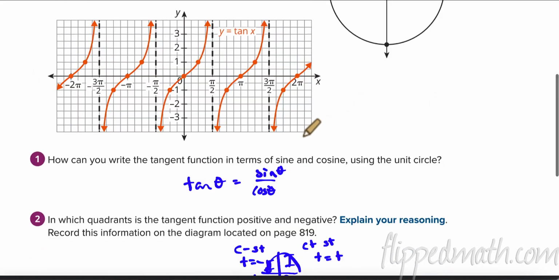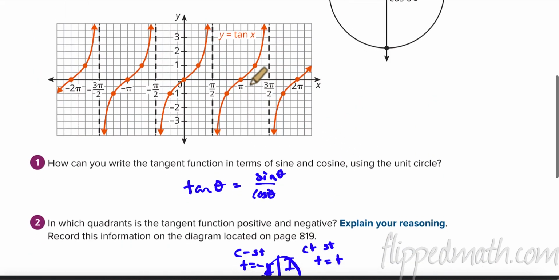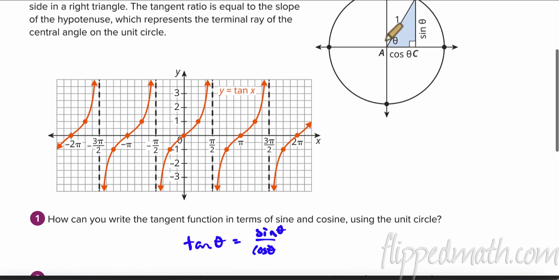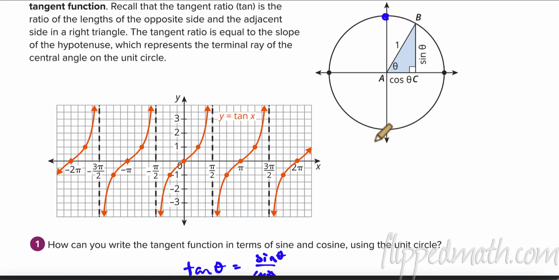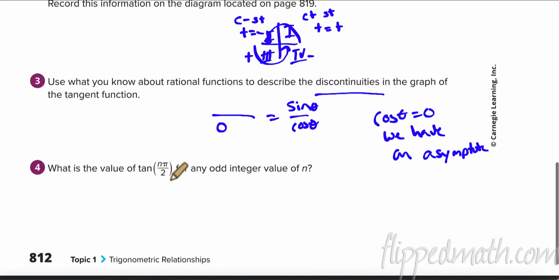Let's take a look. Anytime our cosine is 0, cosine is 0 here, pi over 2, here, 3 pi over 2. Pi over 2, 3 pi over 2, 5 pi over 2, negative pi over 2, negative 3 pi over 2, negative 5 pi over 2. 1, 3, 5, odd numbers, which leads us to the next question, number 4.